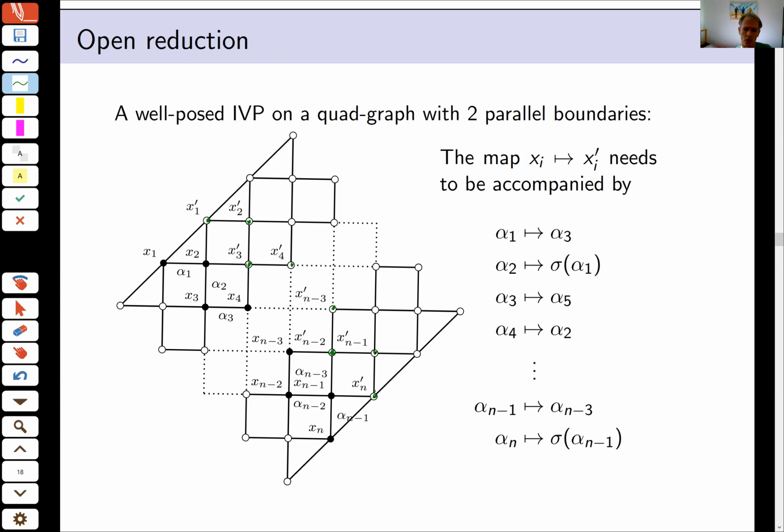And there is also an associated mapping between the lattice parameters. Now, there's one easy way of getting rid of this mapping on the parameters.